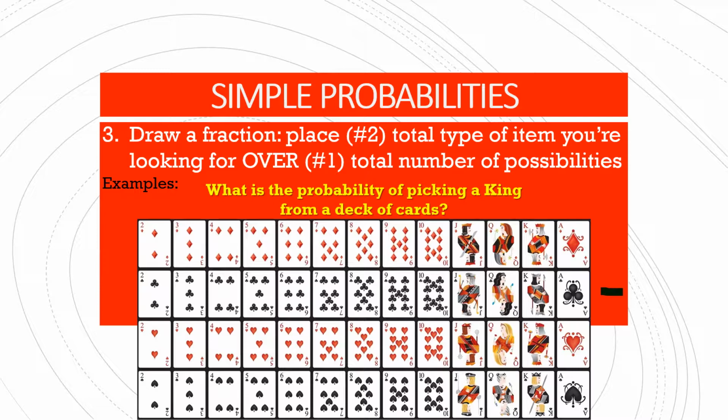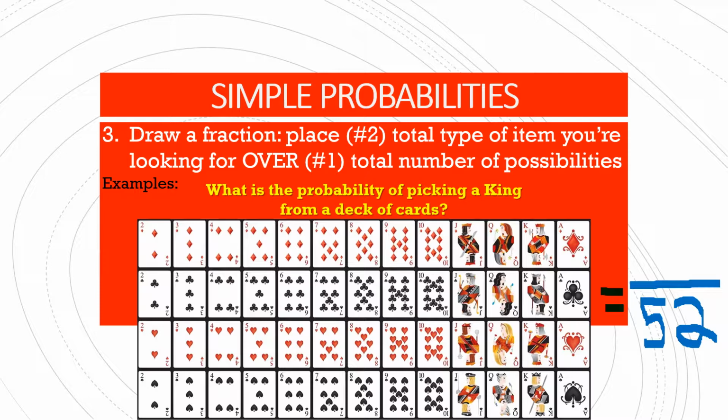So let's put 52 on the bottom of the fraction. So we want to draw the fraction line over that 52. The 52 is the total number of possibilities you could get, not the ones that you want, the entire amount of what you could get.